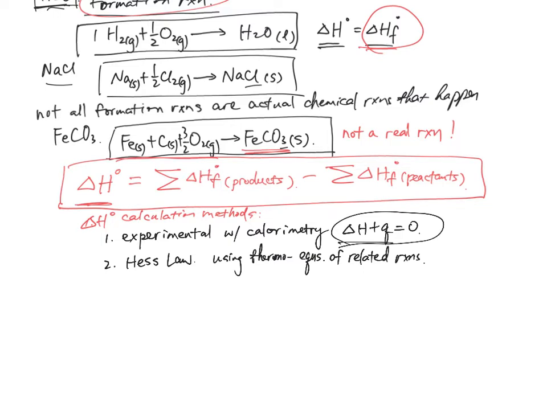And the Hess's law method, although you don't require a chemical experiment, you do have to find a whole bunch of related reactions. Depending on how complicated the equation is, if it involves, let's say, 10 reactants and 12 products, you're going to need a whole bunch of related chemical reactions. So both of which are pretty complicated.